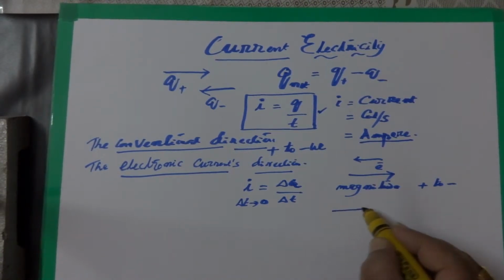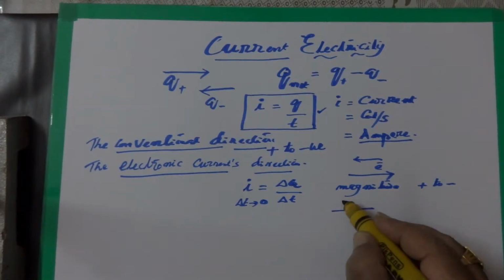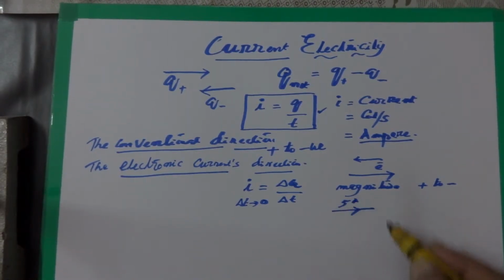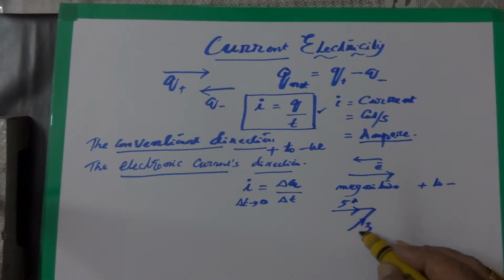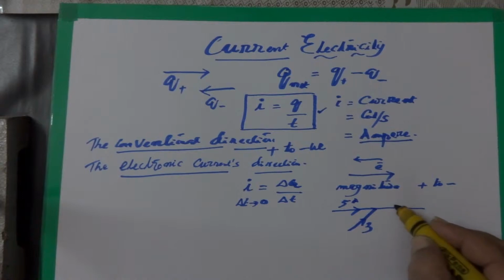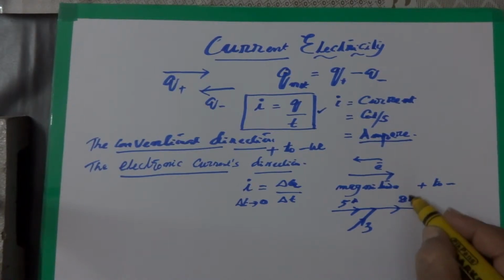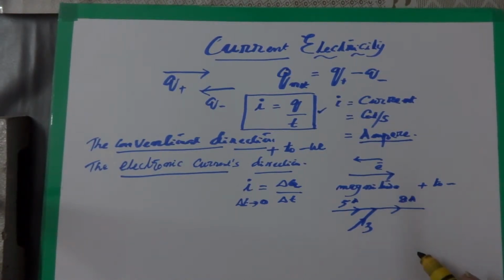That is, if some current, let's suppose 5 ampere, is coming through this path, and 3 amperes are coming through this path, then 8 amperes will be passing through this. But had the current been a vector, this would not have been satisfied.